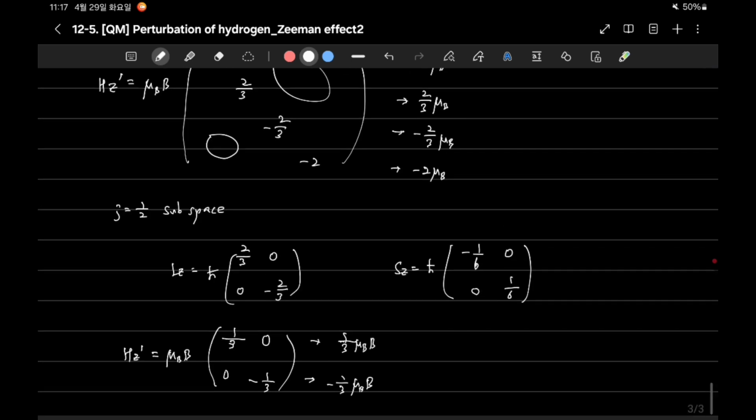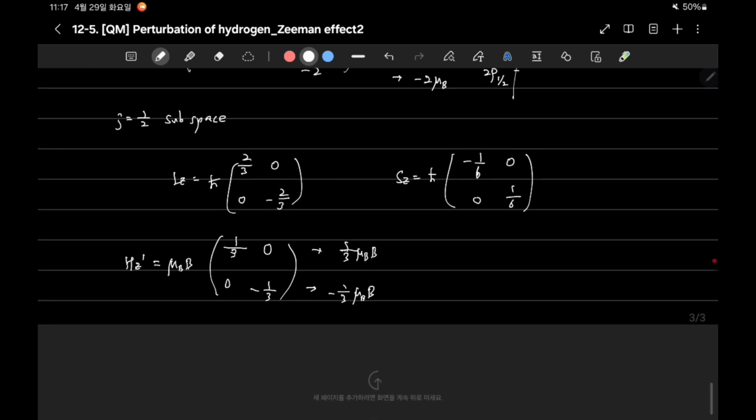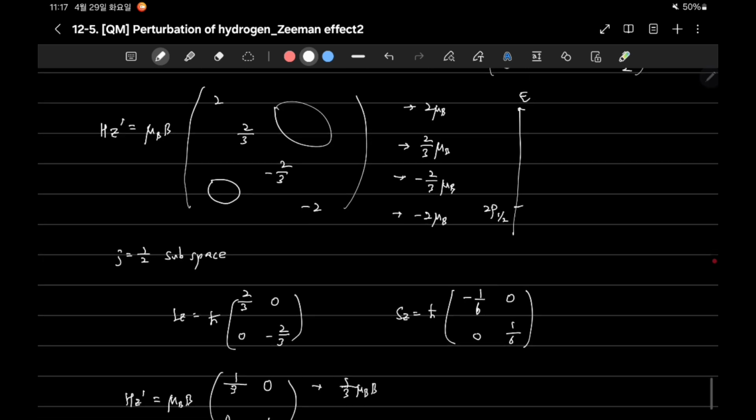So when we draw the energy lines for the 2p state, there are the 2p 1/2 case with 2 energy levels, and here the 2p 3/2 state with 4 energy levels, 1, 2, 3, 4.